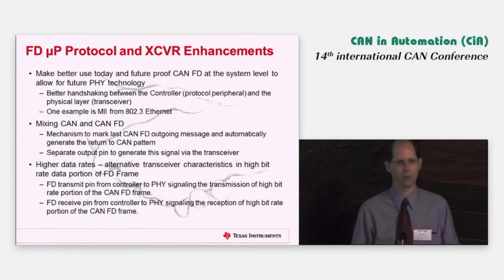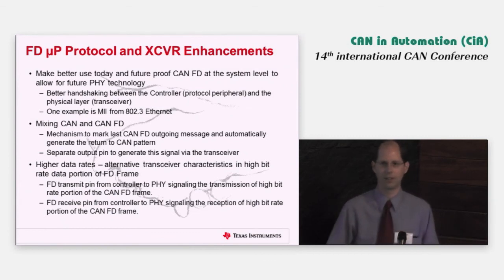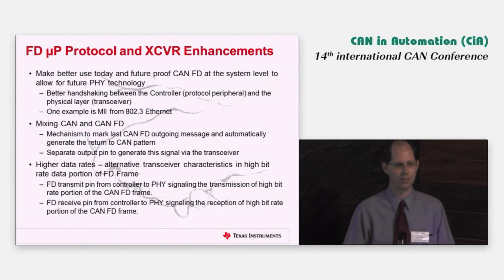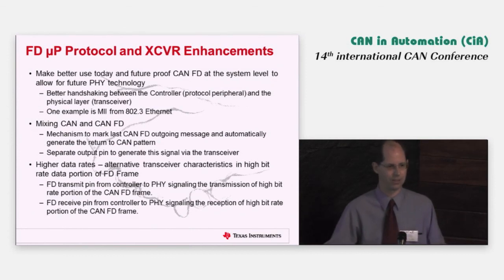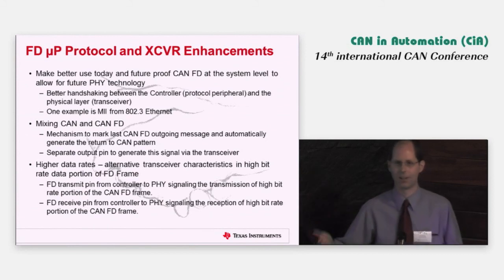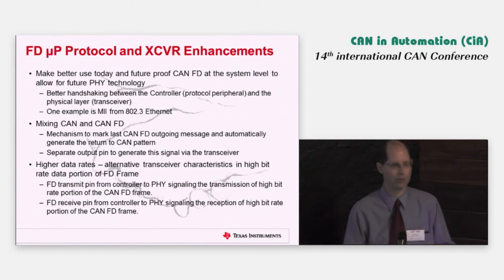It probably has way more capability than we actually need for a CAN system, but there may be a couple of interesting signals that could be used for future PHY development so that we don't follow the path of Ethernet, where a couple years down the road you want to go gigabit and now you get 5 different sorts of gigabit, so you have GMII, RGMII, and all these derivatives.